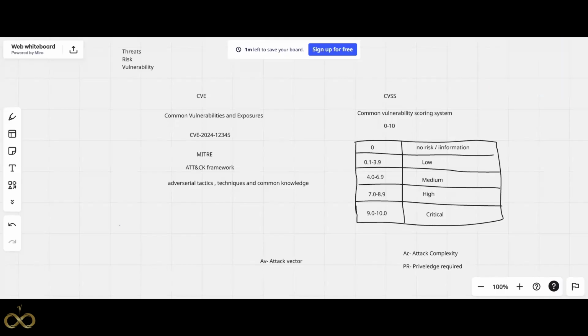If the vulnerability score that you get is 9.5, critical, should that be fixed immediately or later? Yes. Anything under critical should be taken care of, right?